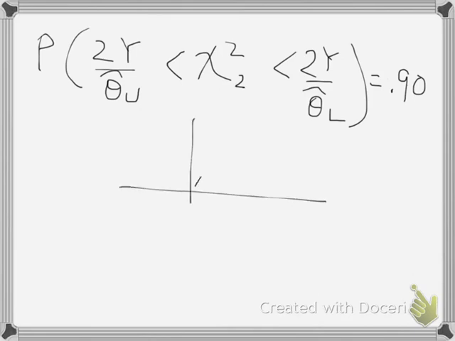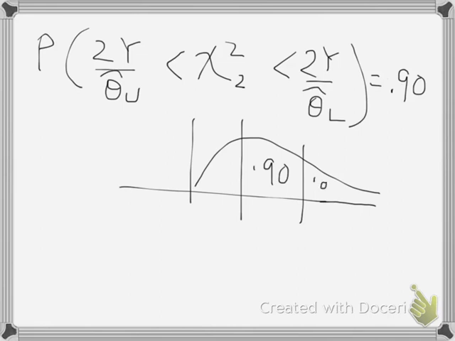We are looking at a chi-square, and this area is 0.90. The area on the two tails doesn't have to be equal, but for ease and convenience, and because we have tables for those situations, I'm going to assume equal areas on both tails. So this tail is 0.05, and this tail is also 0.05.